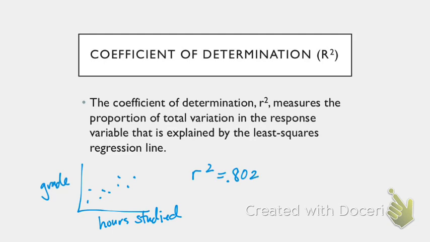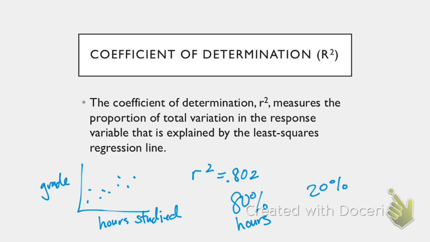What that means, interpreting this without all the crazy language, is that 80.2% of the reason why you made the grade that you made is because of how much you studied. This is due to hours.